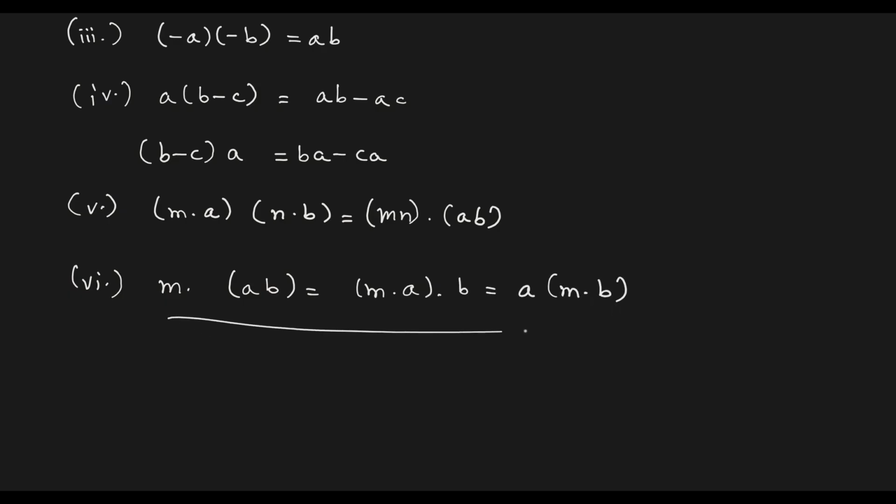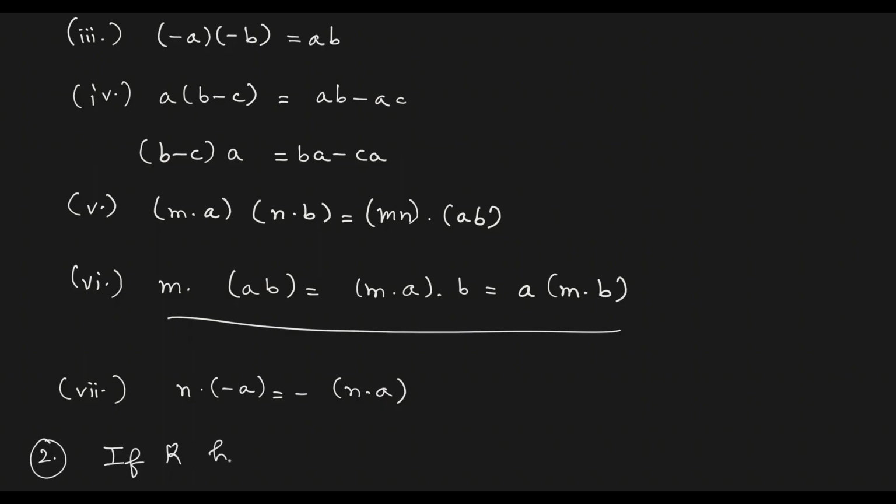Associativity होगी. Seventh, n into minus a is equals to minus n into a. Second, if R has a unity, then it is unique. As we have discussed in groups, if group has identity, then it is unique.